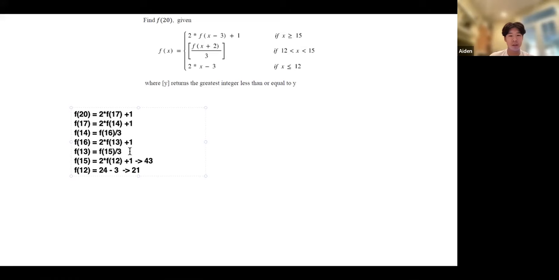And so now when we go up here, you get f of 15 divided by 3. And I think this is where some people got a little confused. It's okay. 43 divided by 3 is not a whole number, but since we round down, we get 14.